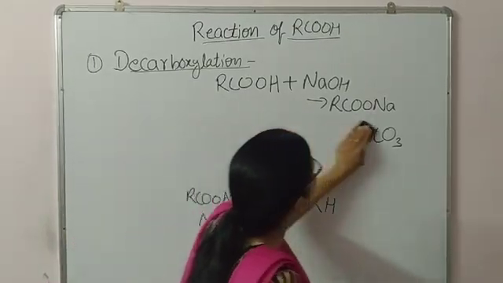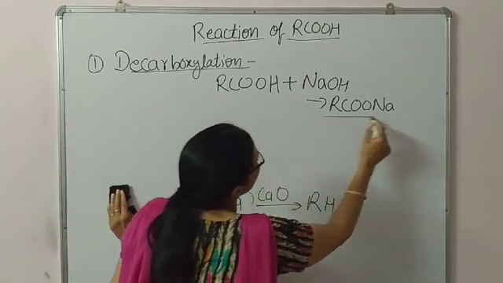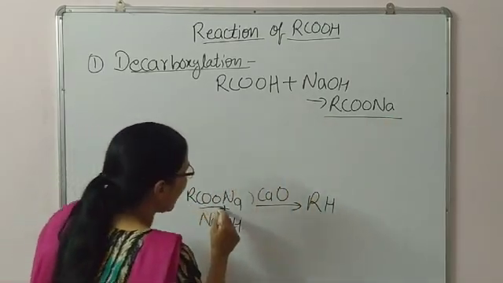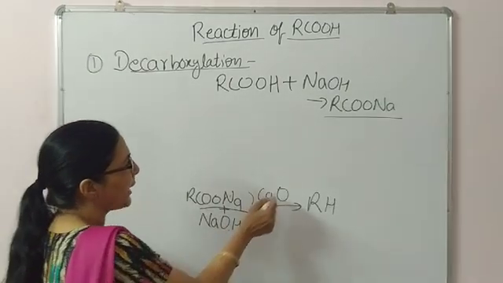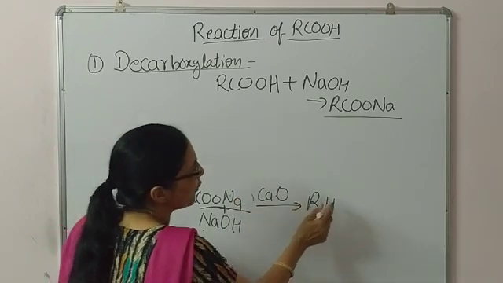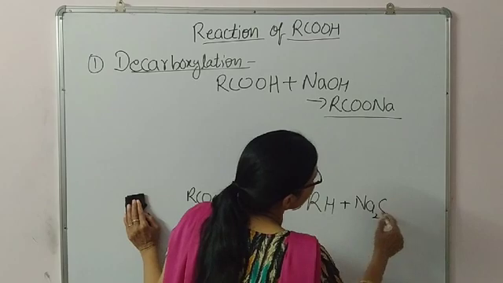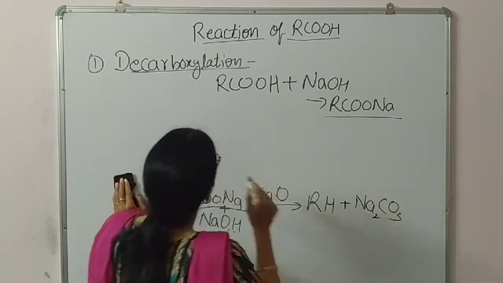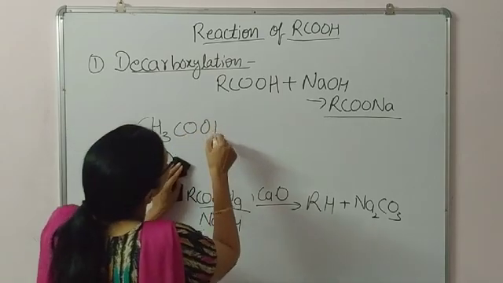Only one thing you need to remember: the sodium salt of carboxylic acid, sodium carboxylate, when treated with soda and lime, NaOH and CaO, gives alkane plus Na2CO3. For example, CH3COOH.